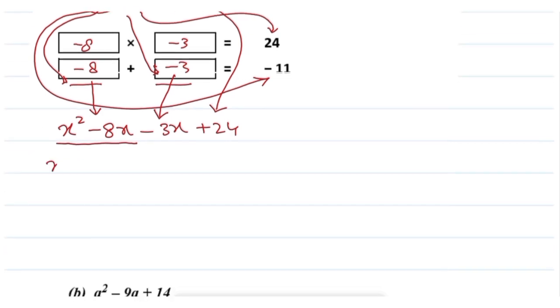We see that x is a common variable, so the remaining is x minus 8. And then there is a negative sign. And if we take common in the next two terms, we see that 3 can be taken as common because 3 is here in the first term and the second term is a multiple of 3. So we'll be taking 3 as common.